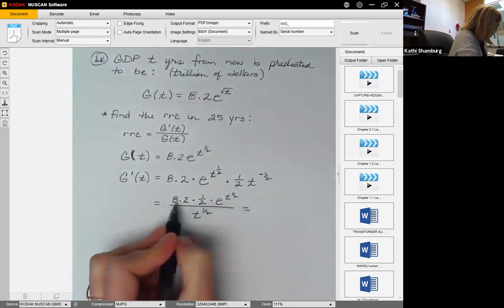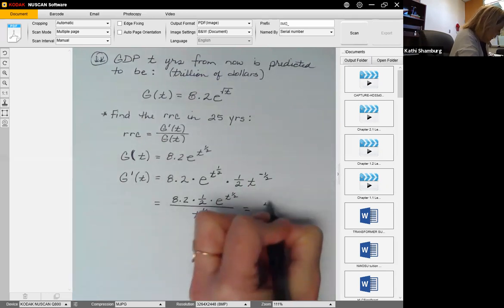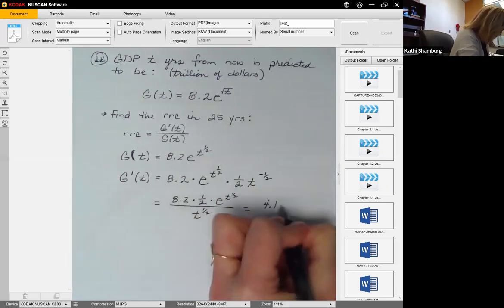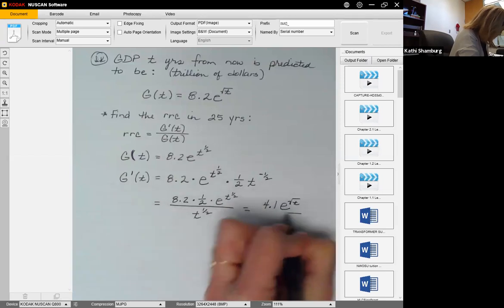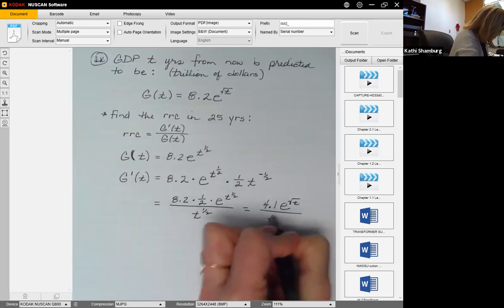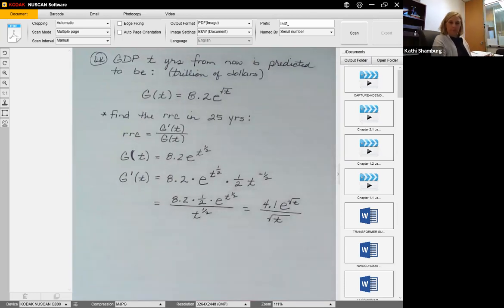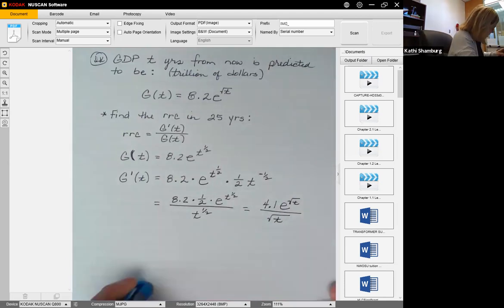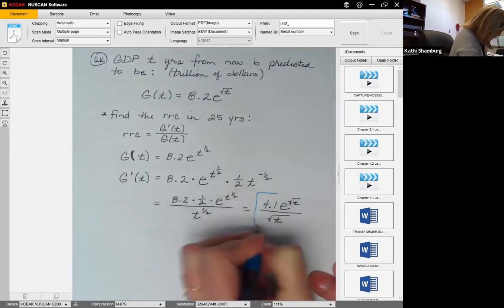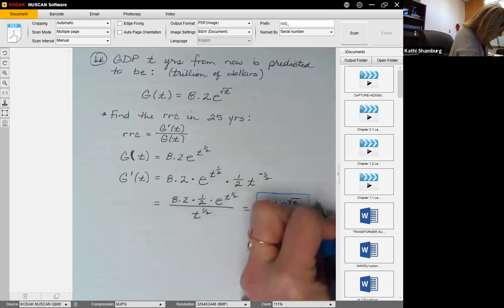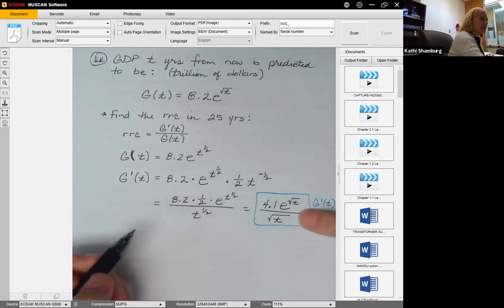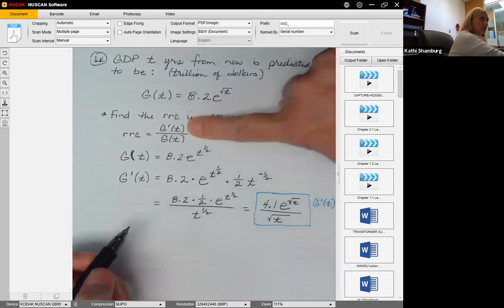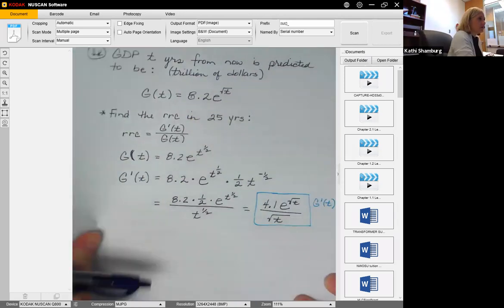So then if you take half of 8.2, you're going to get 4.1 e, and I'm going to rewrite this as the square root of t all over the square root of t. So this is my first derivative. So I'm going to have to place all of this in the numerator in order to find the RRC.